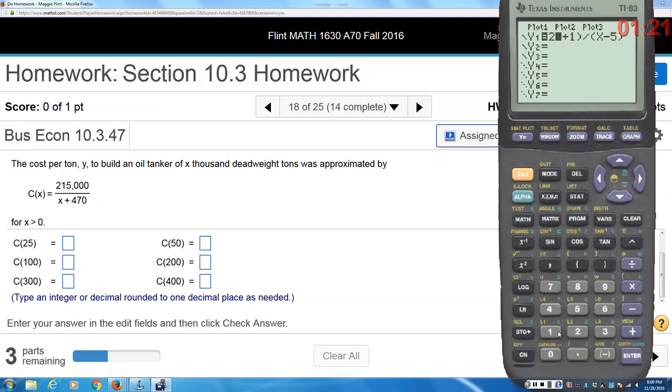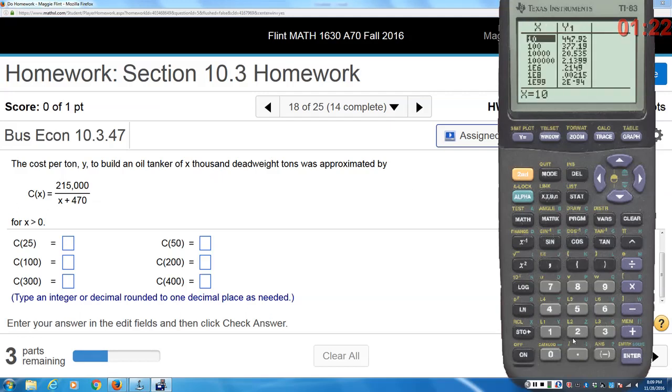So the function is 215,000 divided by x plus 470. And that represents the cost per ton to build an oil tanker of x thousand deadweight tons when x is positive.